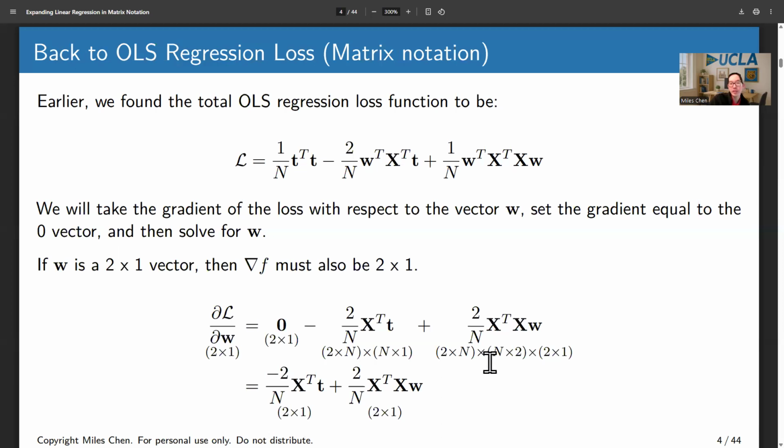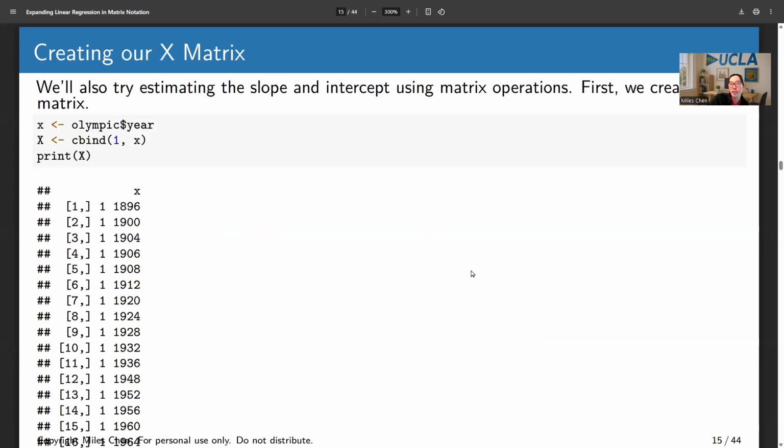Whether X is an n by 2 matrix or an n by 3 matrix, and whether w is a 2 by 1 or a 3 by 1 matrix, the output is exactly the same. I'll have an n by 3 and a 3 by 1 instead of an n by 2 and a 2 by 1. Therefore, when I take the gradient with respect to w and set it equal to 0, I'm going to get the exact same results, even if I add a third column.